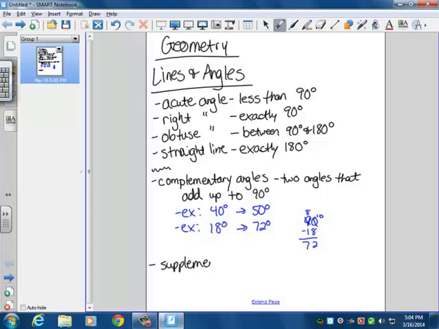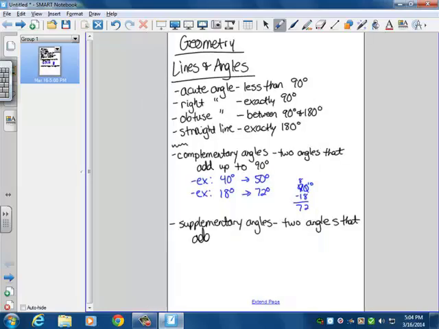So similarly, supplementary. So supplementary angles. These are two angles that add up to 180 degrees. So let's say 40 degrees for this one.